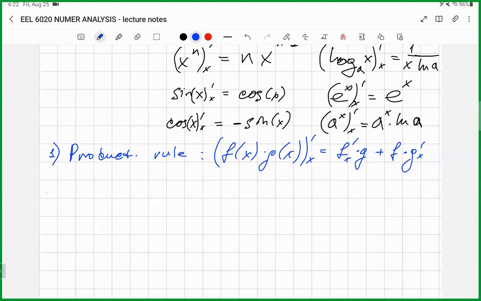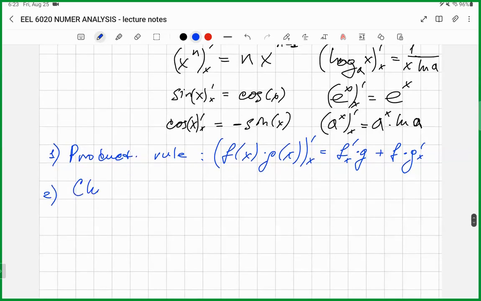Pretty simple. And the second rule we need is the chain rule.